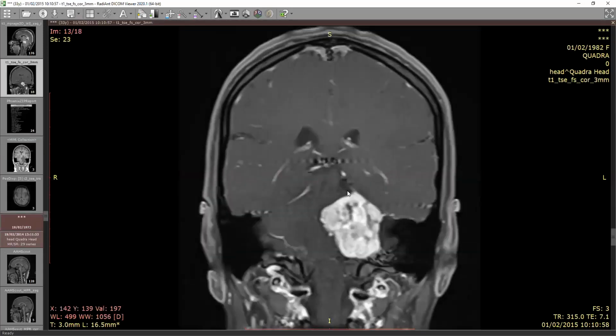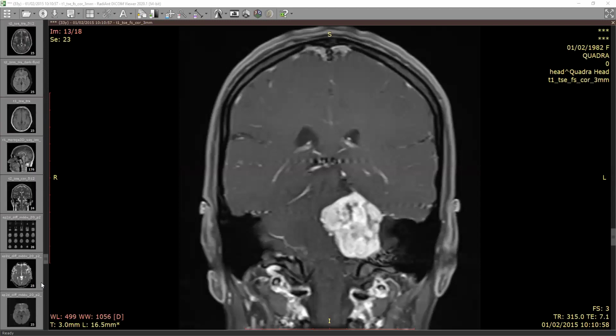And B, if there is hemorrhage within the vestibular schwannoma, then you can have these iso or hypo intense signals within the mass of the vestibular schwannoma. Okay, and so T1, T2, and a post contrast.